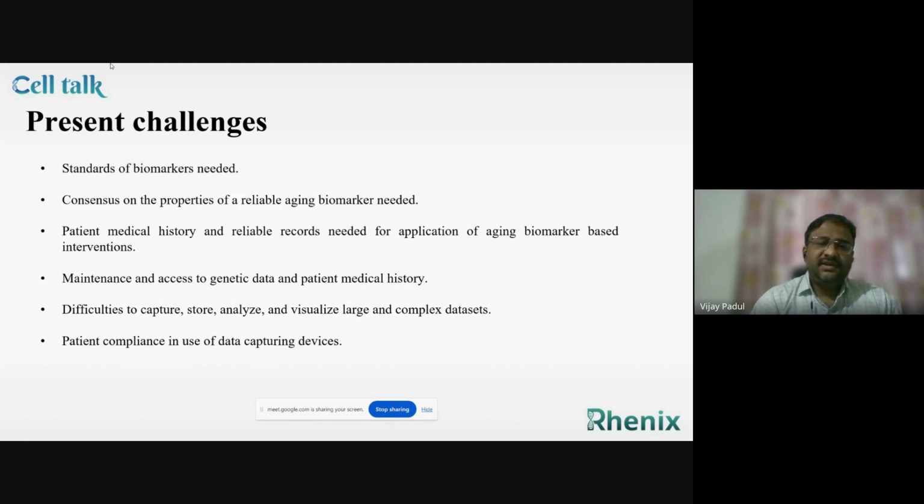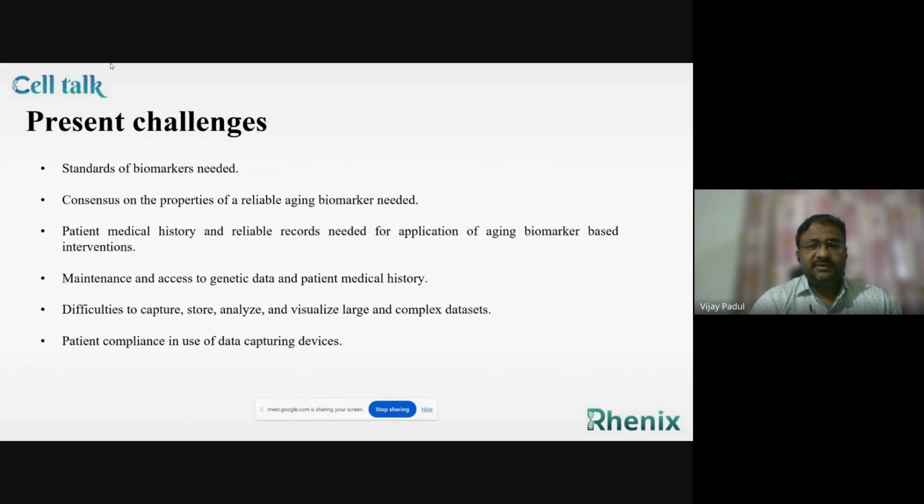Patient medical history and reliable records are needed for application of aging biomarker-based interventions. Whatever biomarkers are decided to be of reliable quality, once they need to be applied, they need to be applied taking into consideration the medical history of that particular patient.